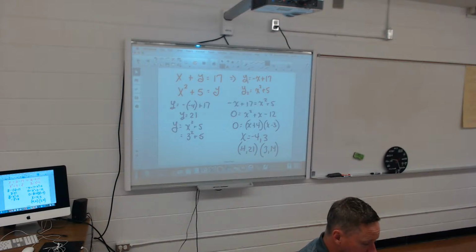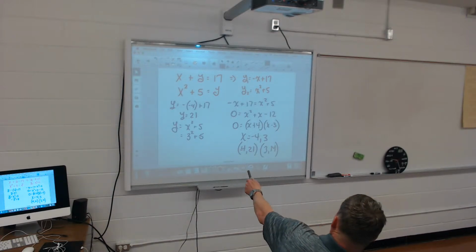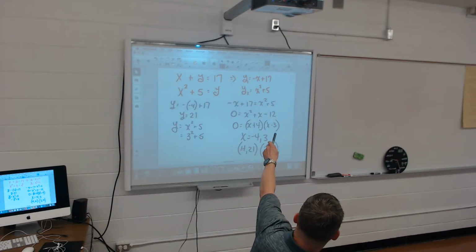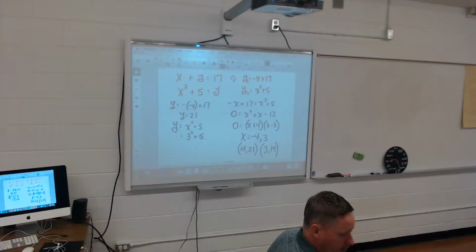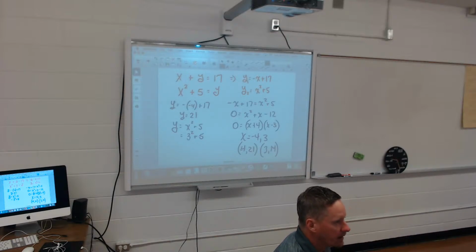So you can use either one and get the right answer. Notice in the first one for -4, I use the first equation. In the second one, I use the second equation for it. So it'll work for both of them both times. It has to, because they both satisfy the equation because they are on the actual graph.